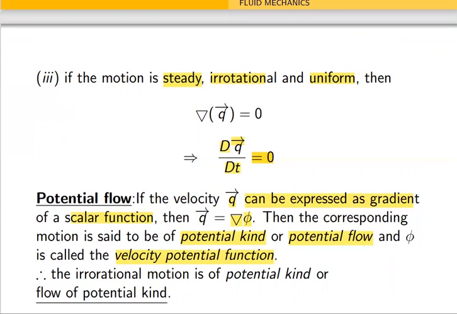Curl of q will be curl of gradient, and we know that curl grad is 0, no? So therefore the irrotational motion is an example of flow of potential kind.